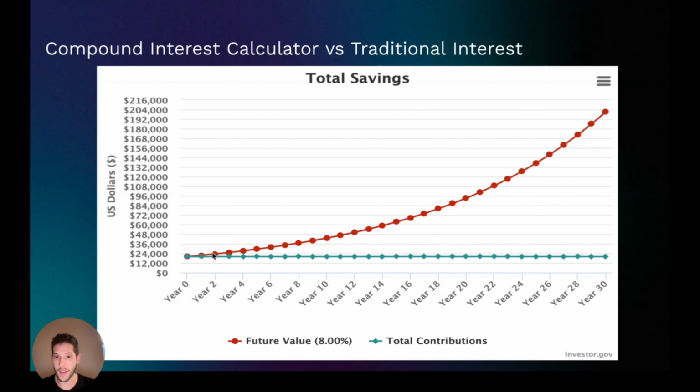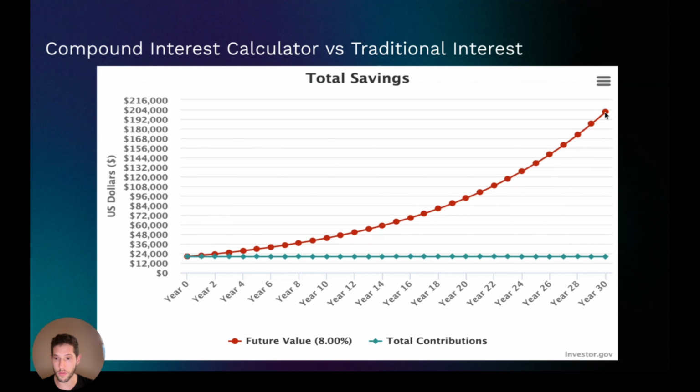And you'll notice that at about 10 years, that's our first example, we were just over $40,000 here, and it was very similar to the traditional interest. But as we saw with letting time compound, that's when you're going to see this chart just grow dramatically. And once we get to that 30-year period, that's how we were over that $200,000 mark.